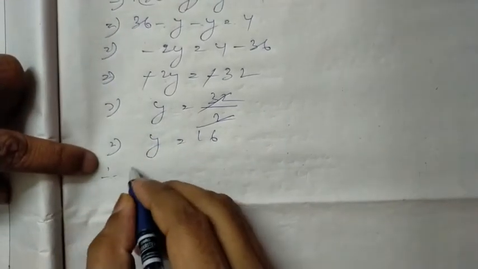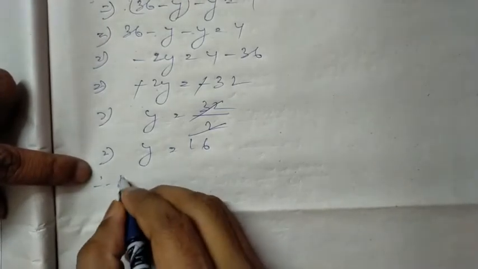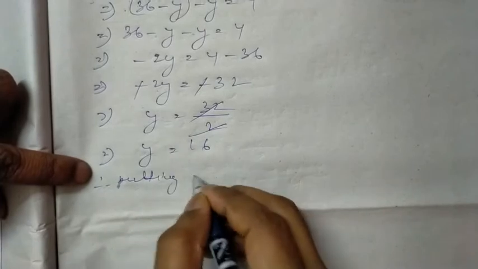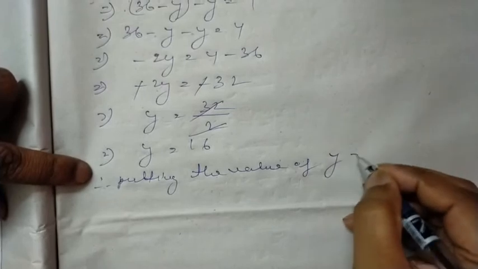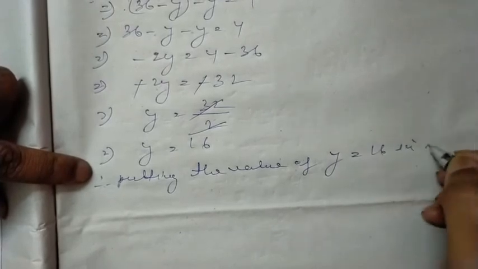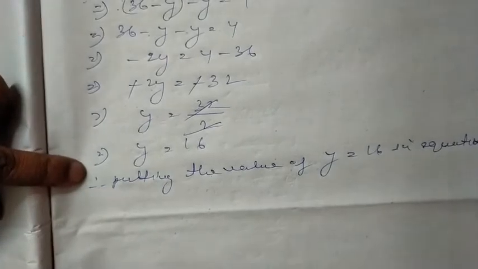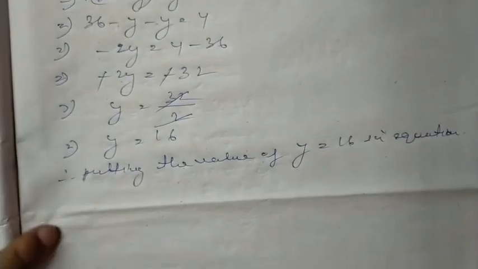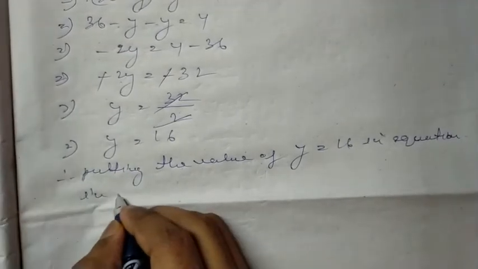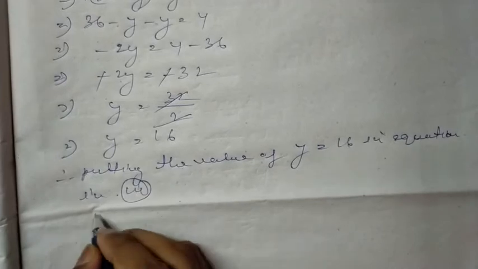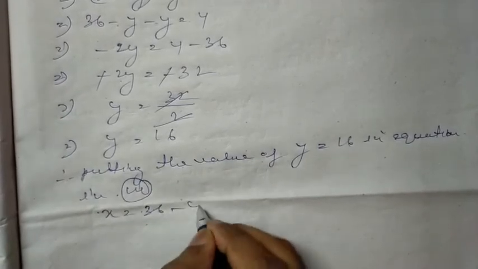Therefore, putting the value of y equal to 16 in equation 3, x is equal to 36 minus y.